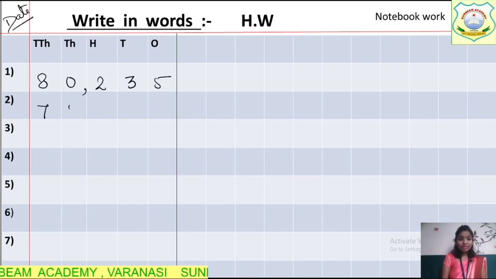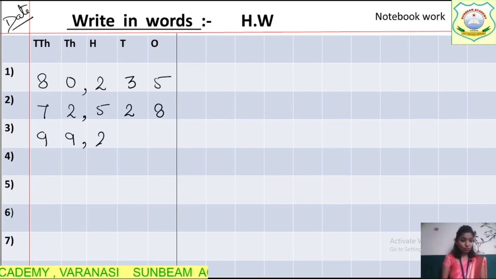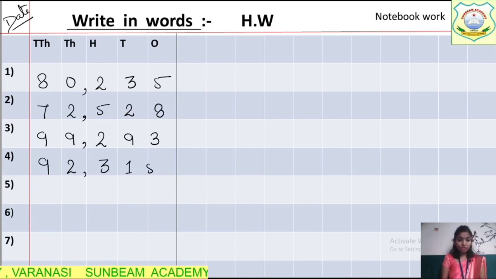Then we have 72,528. Next we have 99,293. All right. Next we have 92,315.